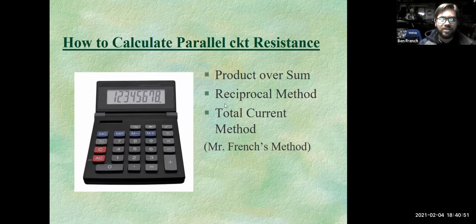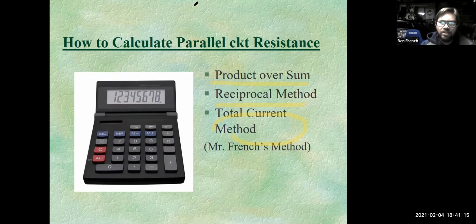These methods for figuring out these problems, whether it's product over sum, reciprocal, or total current, are just different tools in your diagnostic toolbox. They can all get the job done. Some are faster than others. Some are easier to understand than others.